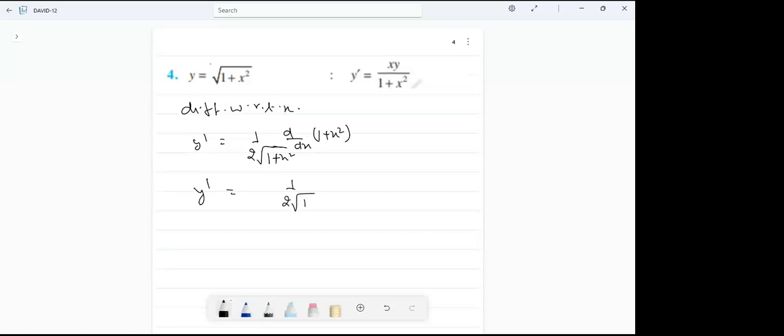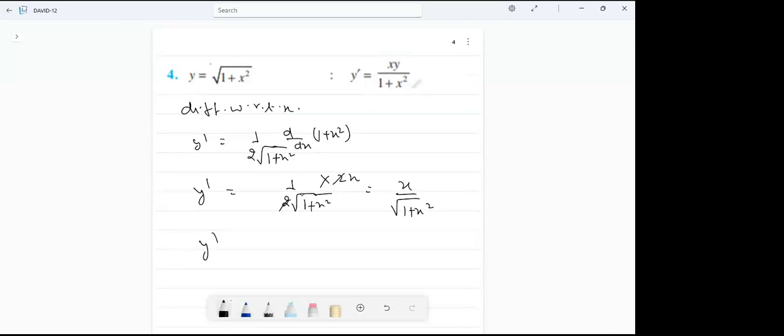So y dash equals 1 over 2 root 1 plus x square times 2x. So we have x over root 1 plus x square. Okay, xy over 1 plus x square.